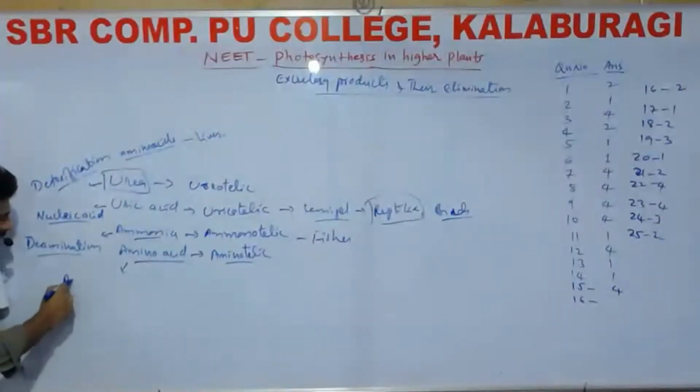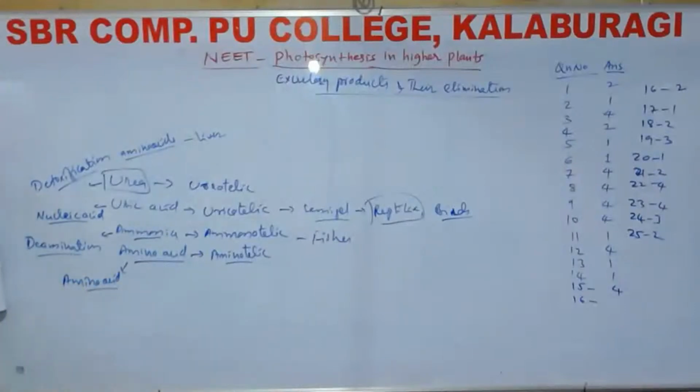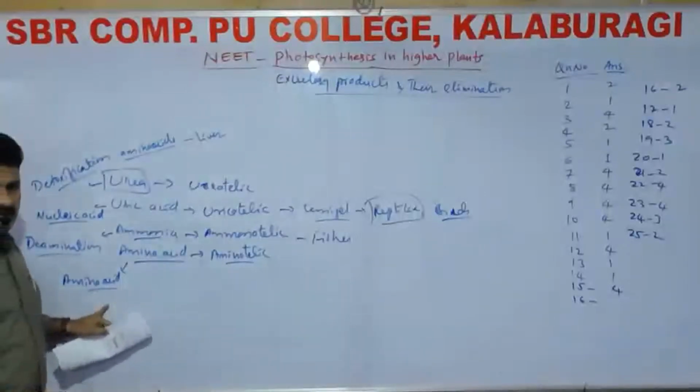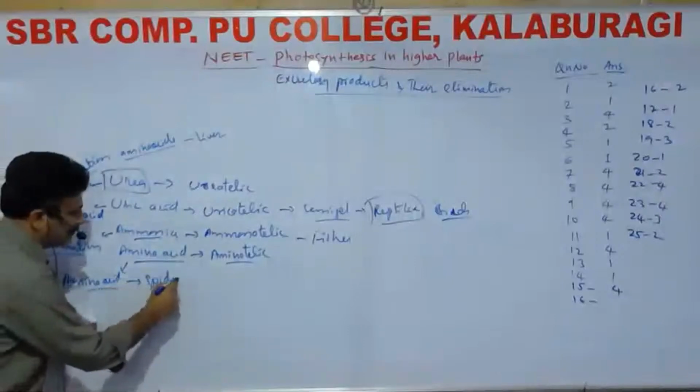At the same time, whatever amino acids are produced as an end product, or might be due to metabolic activity, whatever end products are produced in the form of amino acids, those are eliminated as a nitrogenous material. This is common in some individuals like the spider.